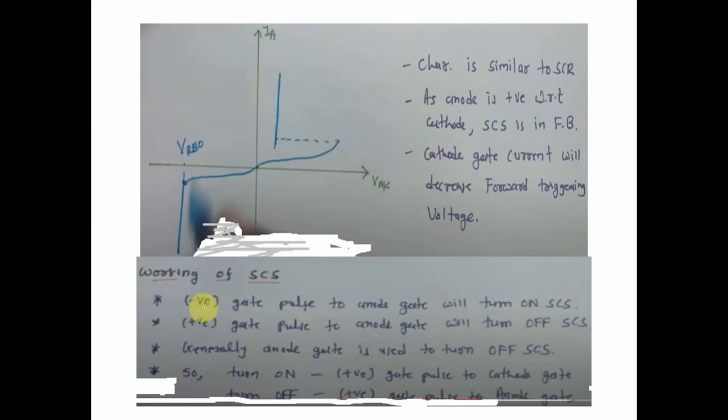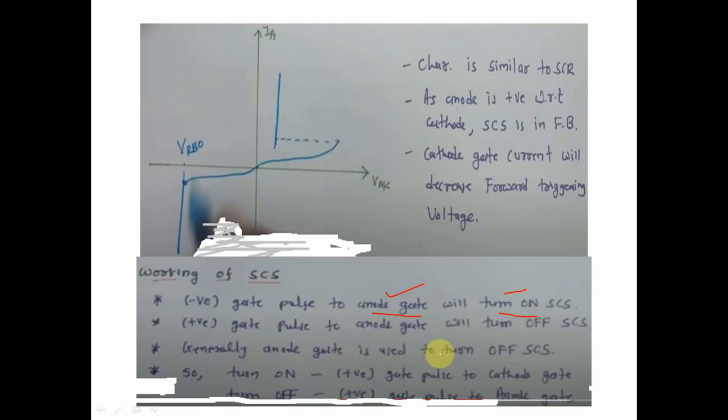If we apply a negative gate pulse to the anode gate, then SCS will be turned on. By applying negative gate pulses to the anode gate, SCS will be turned on. Remember this.